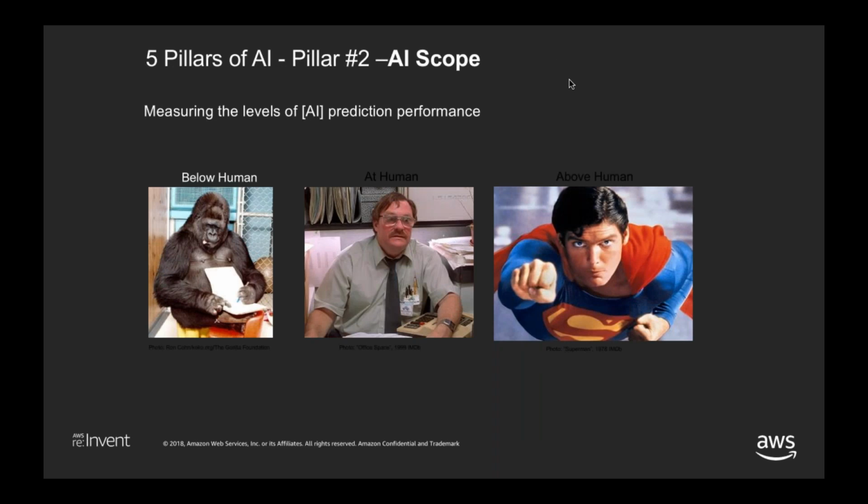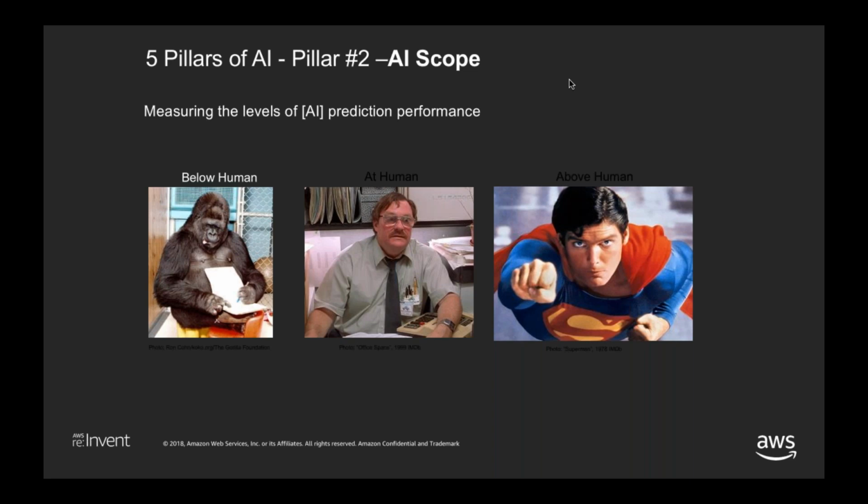Now, here's where I wanted to talk about some expectations with AI. I recently gave a presentation on these 5 pillars of AI, and pillar number 2 is the scope of the project. Sometimes we set expectations incorrectly for services, for our own projects, and we think because it's machine learning, that means we should be striving for 100%, and that's correct. But I want to just very quickly, I want to be mindful of everybody's time.